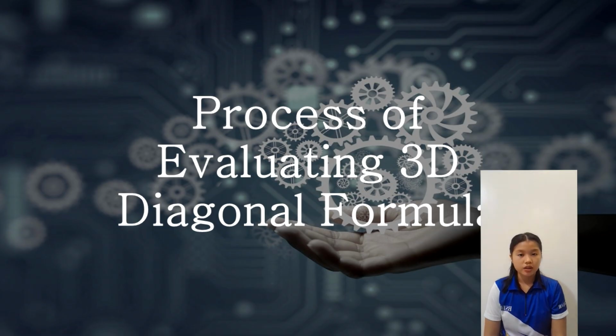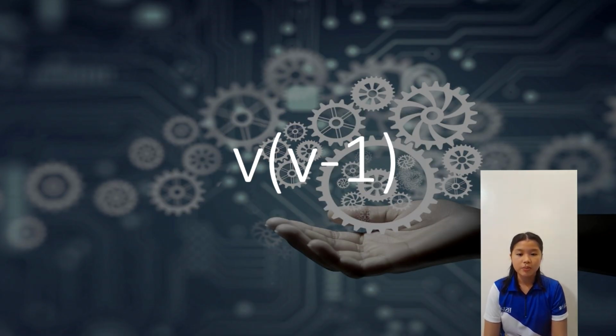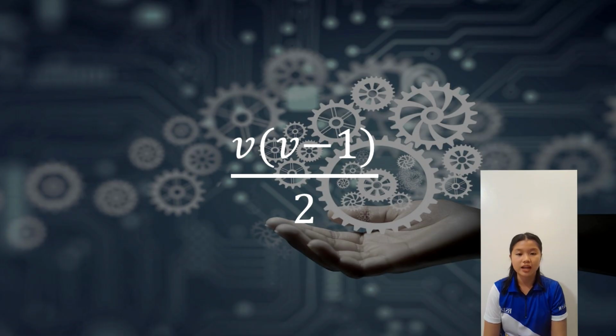How can we easily solve the total number of diagonals, that is, the total number of face diagonals and space diagonals within the 3D figure? The formula is V times (V minus 1), which is the number of ways you can connect a certain vertex to another vertex, while we divide it by 2 to show that the two vertices form a pair.